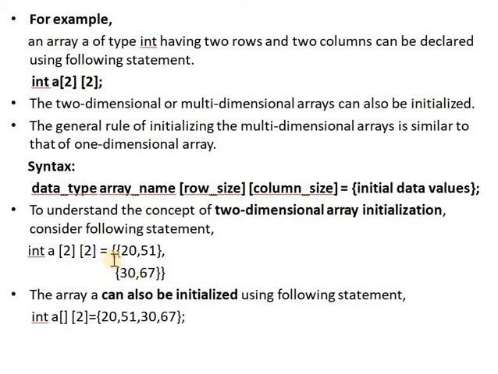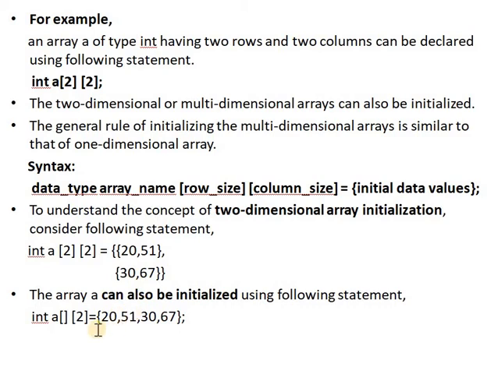Next, the value 30 is initialized for memory location 1, 0. And the value 67 is initialized for memory location 1, 1. Means at array element 1, 1 there is the value 67.